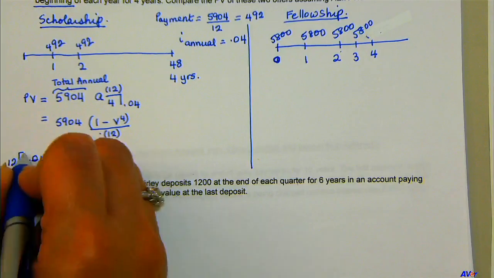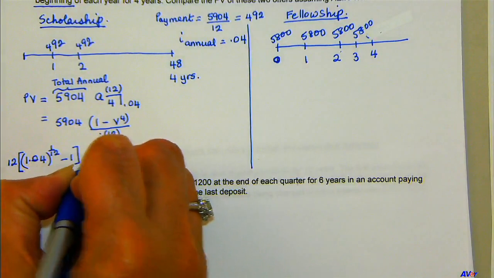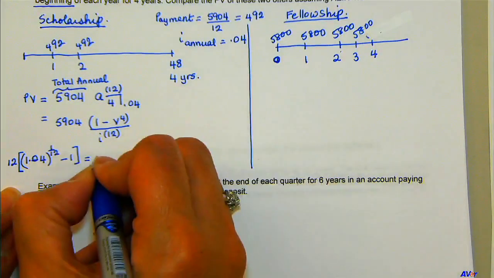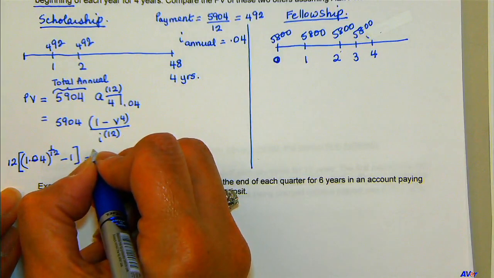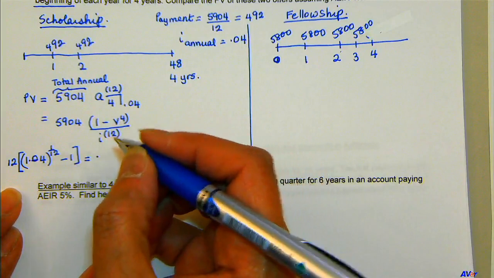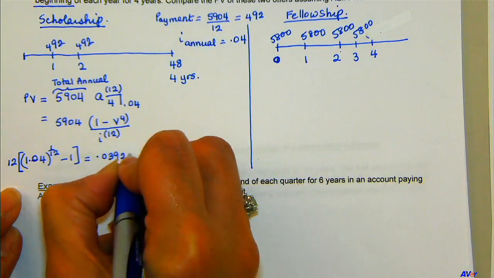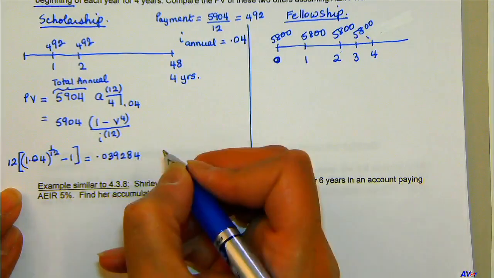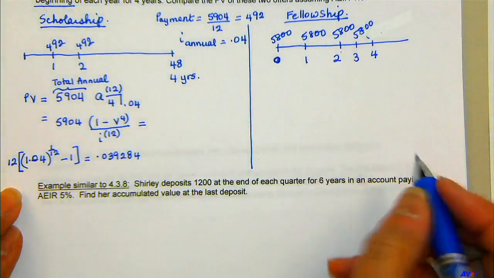That turns out to be 0.03928. Did you multiply by 12? Okay, 0.039284. Good enough. So when you clean this up, what did you get?